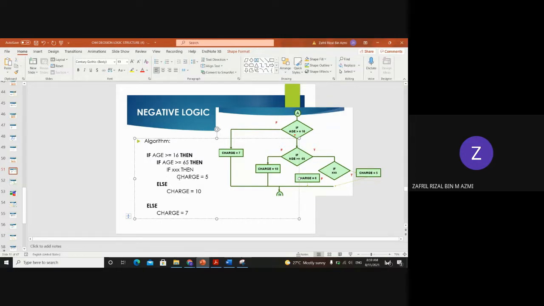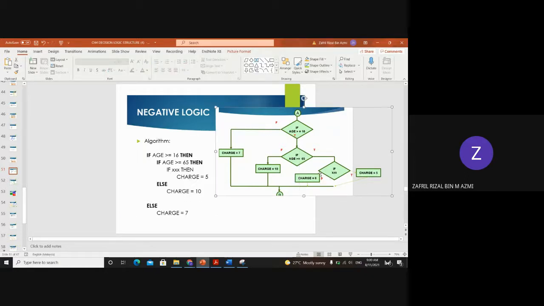Alright? And then this else belongs to which one? Charge 10. So this else belongs to this. So you need to trace this first.